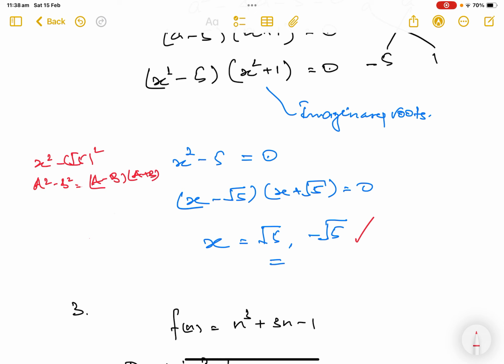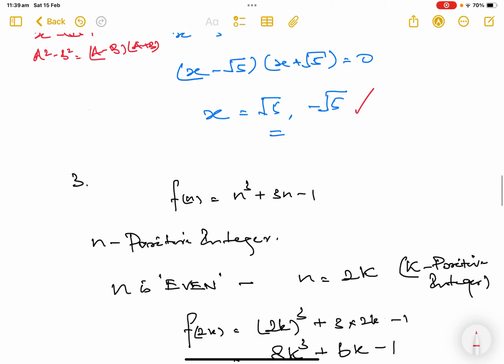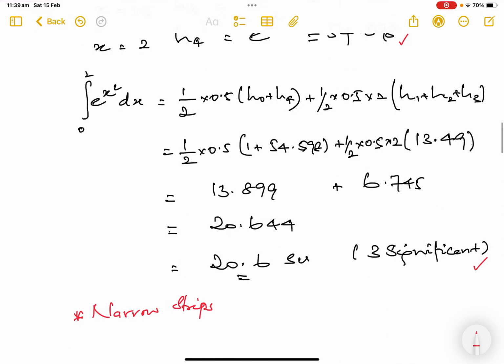So simply that's what I have done here. x squared minus 5 is x squared minus root 5 squared, so x minus root 5, x plus root 5. Then x equals root 5 or minus root 5. These are the two real roots, even though there are 4 roots, and the rest of the 2 roots are imaginary. Okay, that's done.